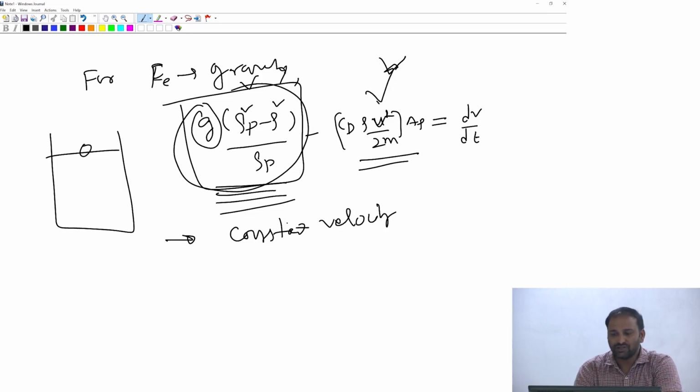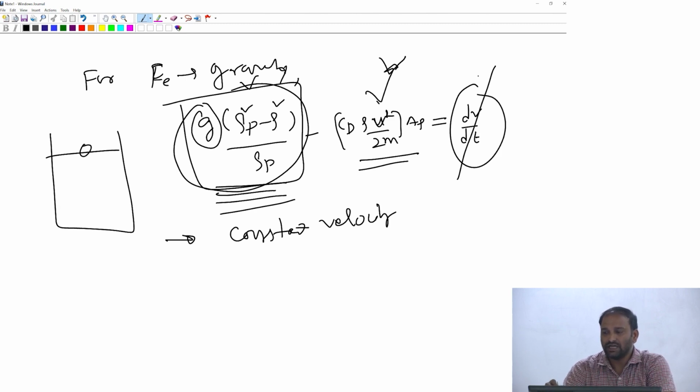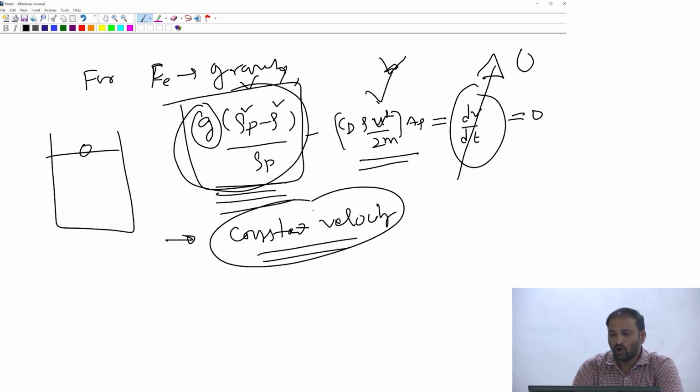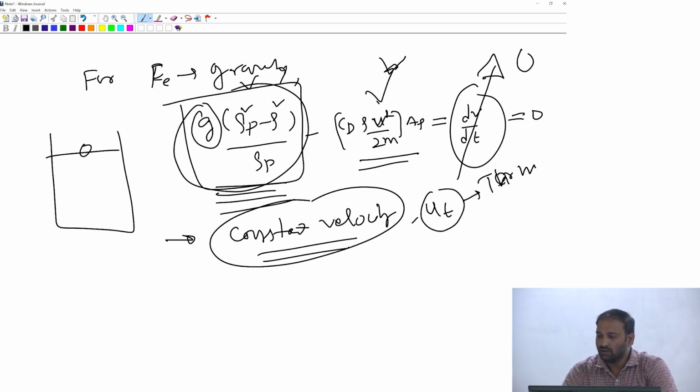Because it's going to move with a constant velocity, your dv by dt is going to be 0, and this constant velocity is the maximum velocity that the particle can achieve under a given fluid-particle combination. So I can equate this to 0 and get an expression for that constant velocity, which is typically denoted by ut, and is called the terminal velocity.